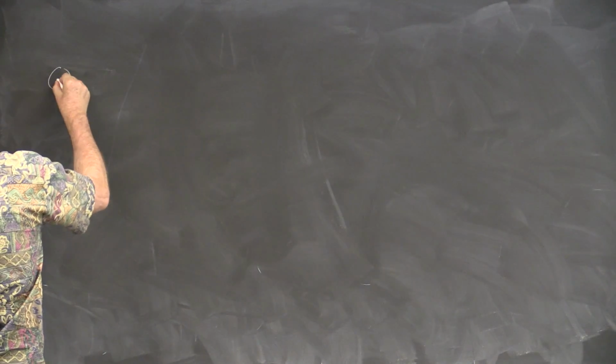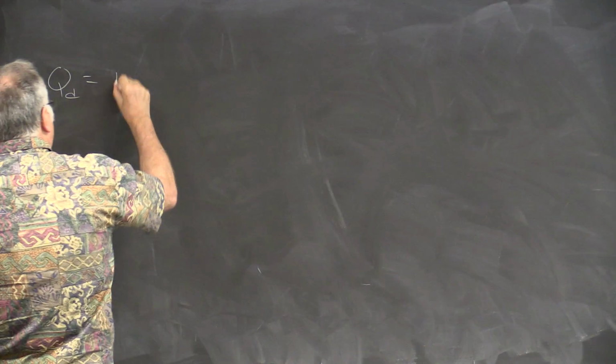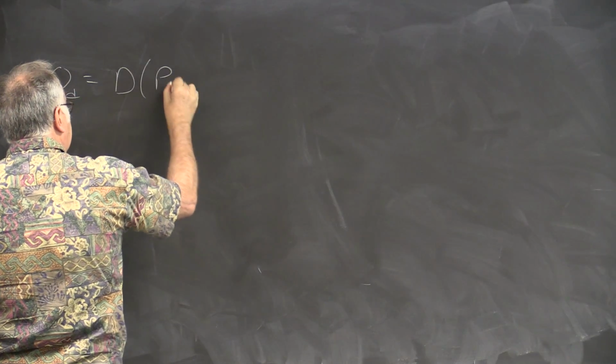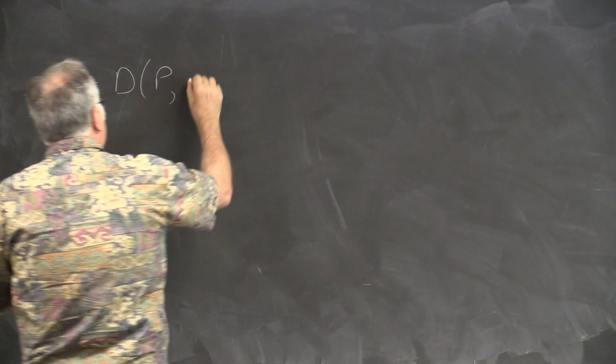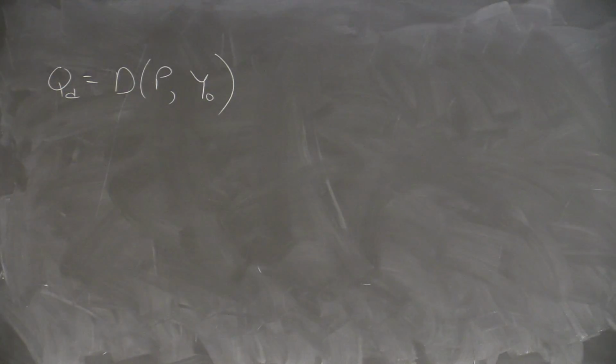You have this demand function. Q sub d equals D, for demand. It's a function of price and income. Y sub 0 is income, and y sub 0 is considered an exogenous variable.